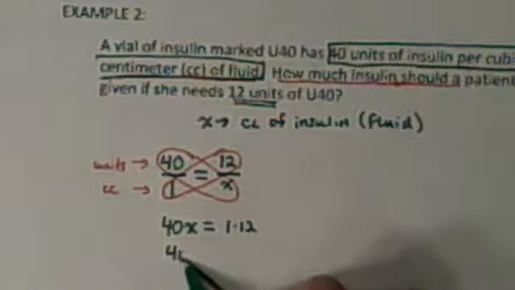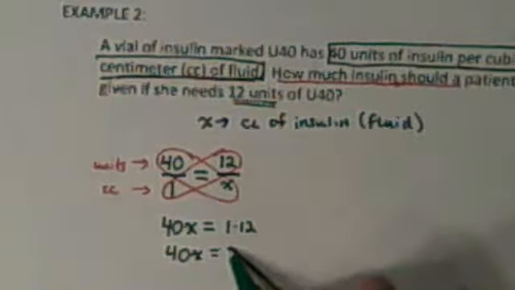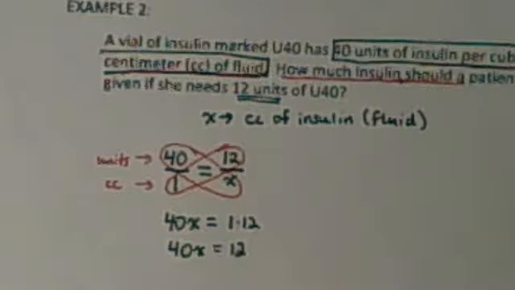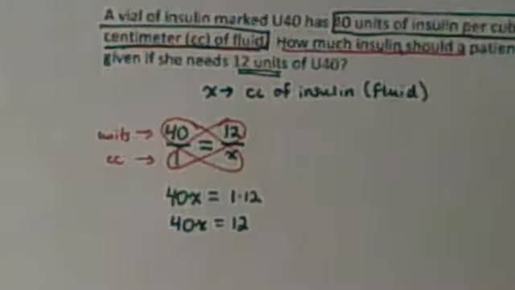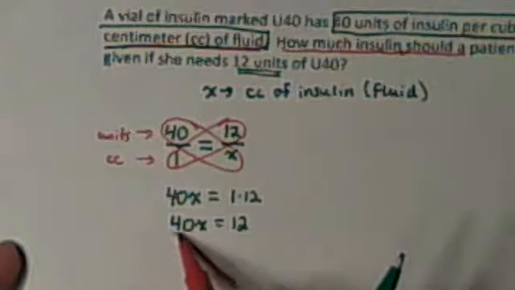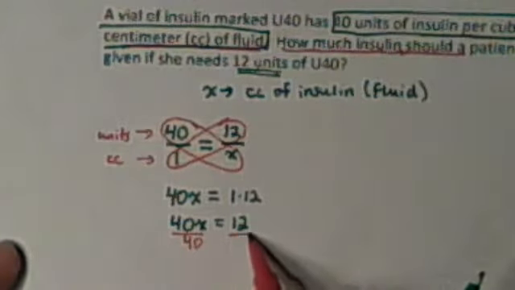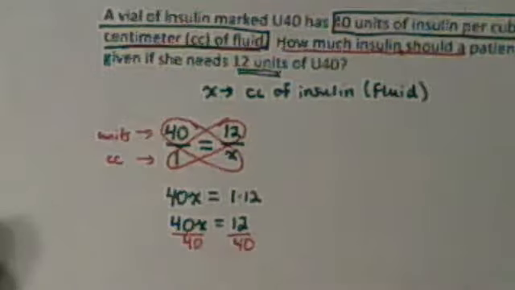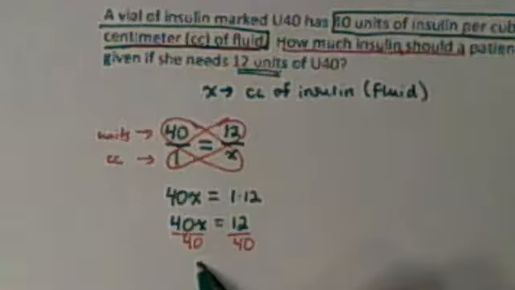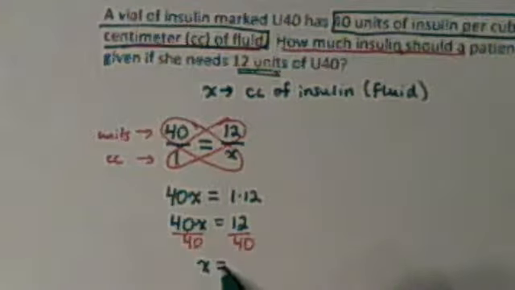So 40x is equal to 1 times 12, which is 12. To finish solving, I divide by 40 on both sides, and x equals 0.3. If I write that as a decimal, that is an exact value, and typically with this kind of problem we will write it as a decimal.